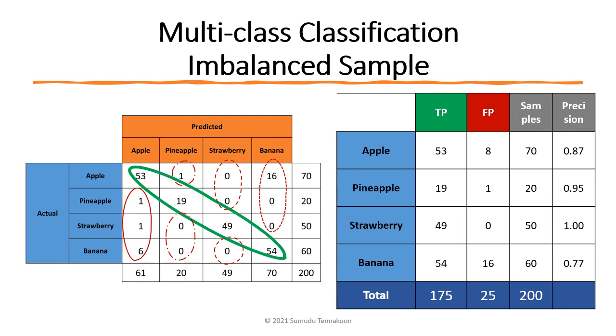Similar to that, 19 out of 20 samples are identified as true cases for the pineapple. In the predicted column you can see it. So one other fruit was falsely identified as pineapple, so we have one as the false positive count for pineapple. And for strawberries this time, 49 out of 50 identified as strawberries.